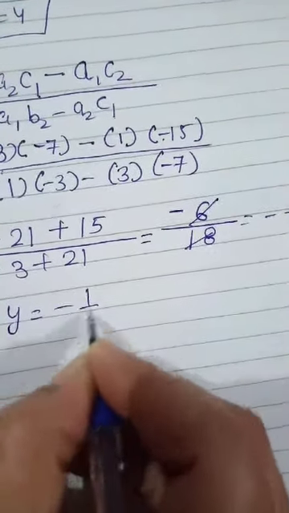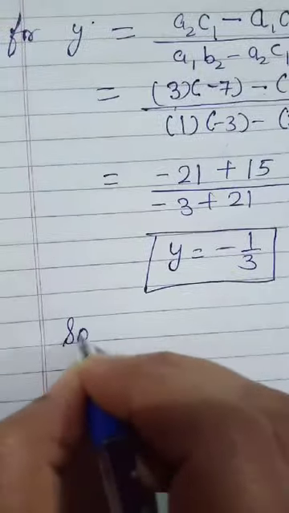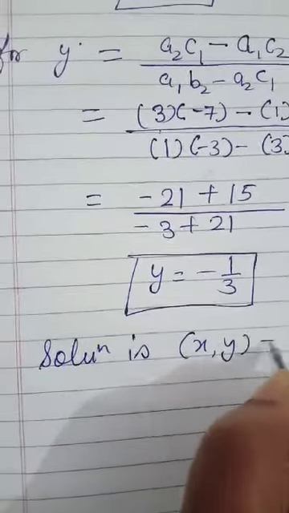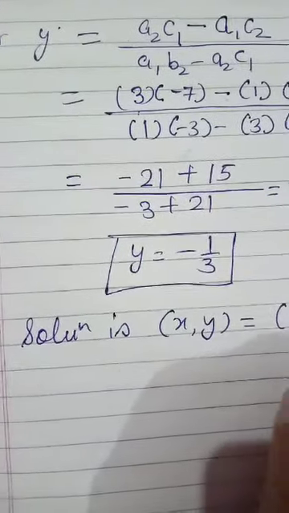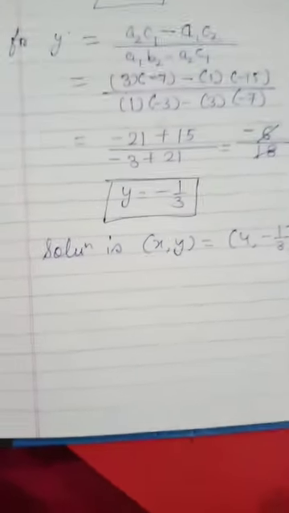Y is equal to minus 1 upon 3. So unique solution. Solution is x is equal to 4, y is equal to minus 1 upon 3. This is our answer. Okay.